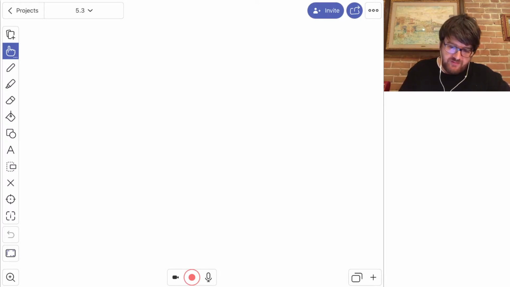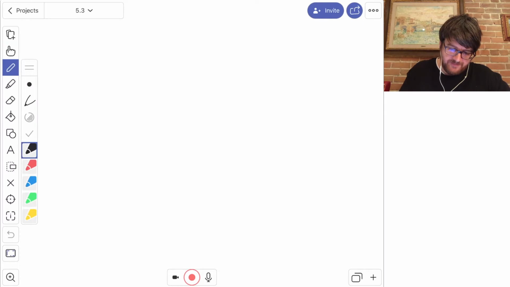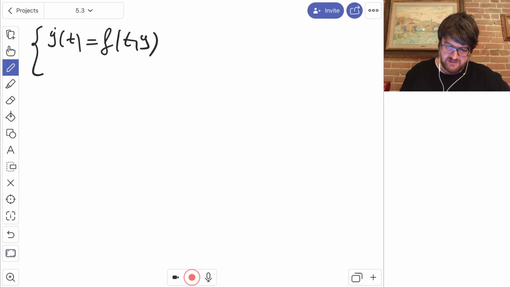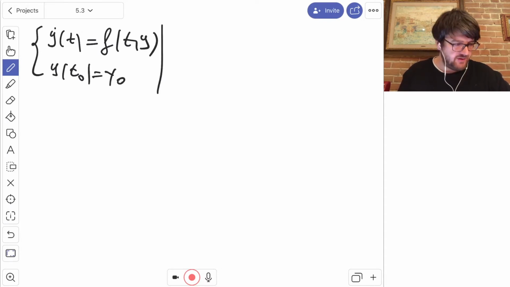So if you remember, our ordinary differential equation had two parts, right? So y dot of t equals f of t and y, and y of t0 equals y0. So in this case, we're gonna look at a function where, okay, I'm gonna change my y so it's a bit easier.